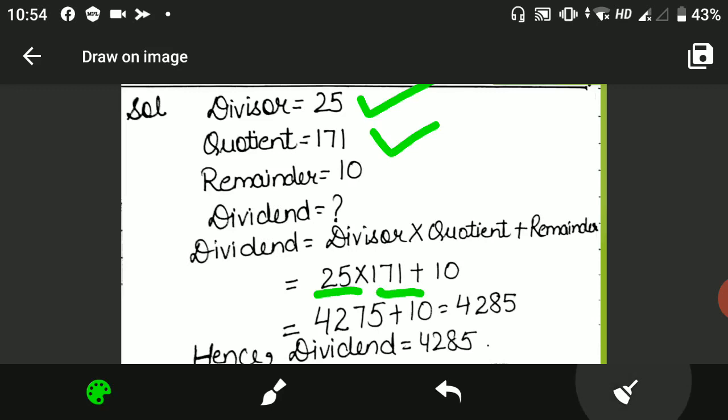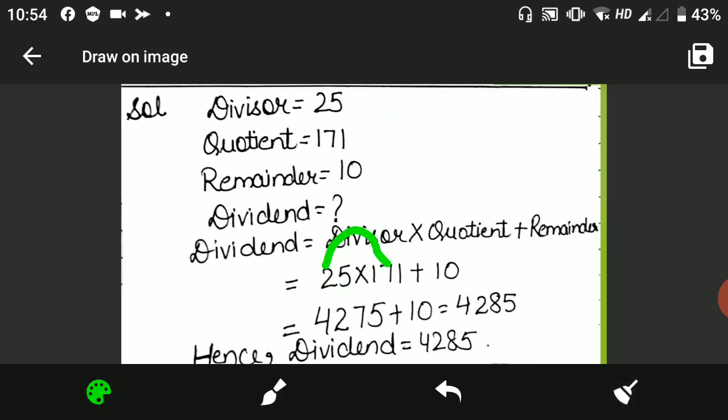Clear? Now student, I will multiply 25 with 171. When I multiply it, I get 4275 plus 10. And when you add it, you will get 4285. Then it is the dividend. Hence the dividend is 4285. Clear student? I hope you understand the concept.